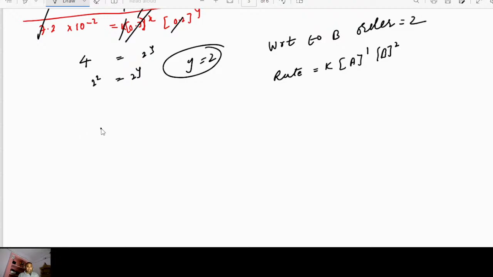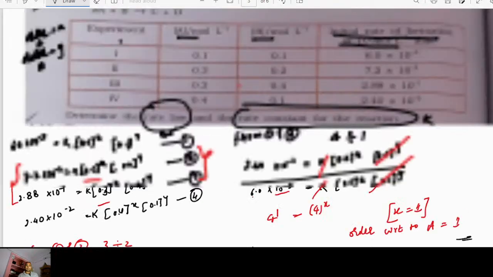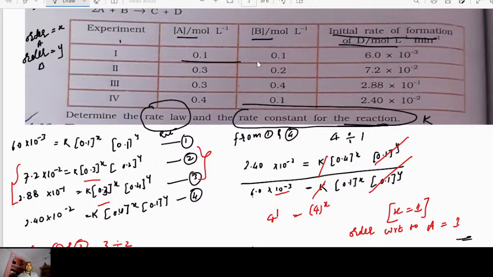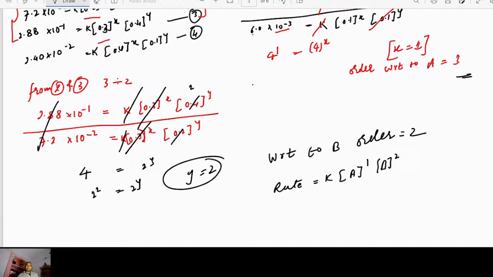So K is equal to rate upon concentration of A power 1 and B power 2. The rate is given, you take the first data. So 0.1 and 0.1 are there. You put the values here, 0.1, 0.1.